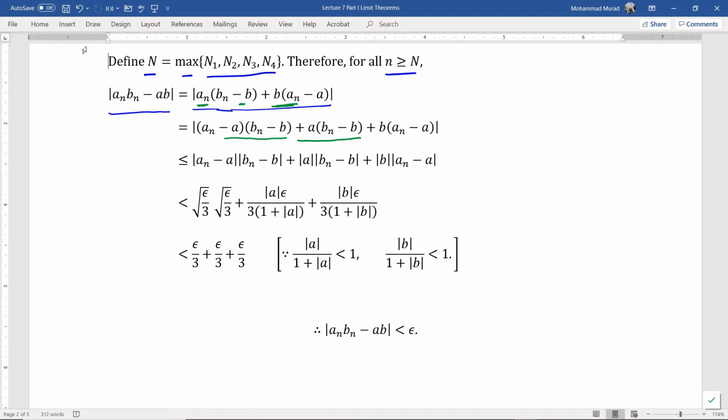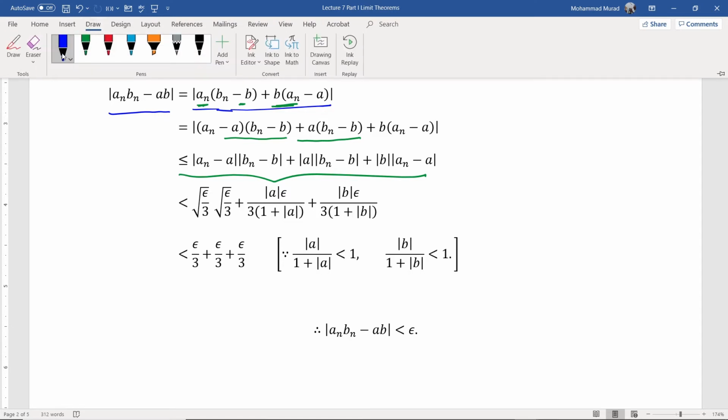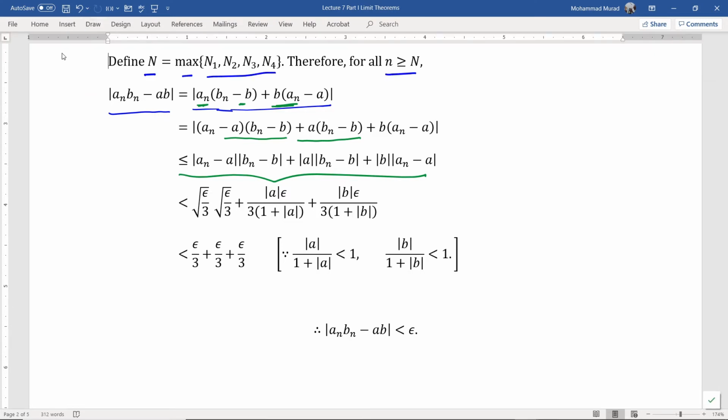And now we apply the triangle inequality to get this step. Recall that the triangle inequality for three quantities can be written like this; this is the extended version of the triangle inequality for three quantities.